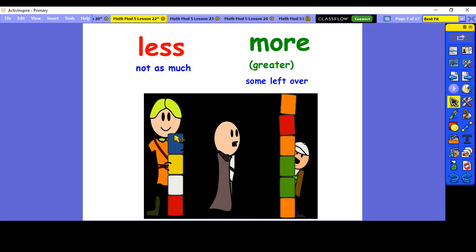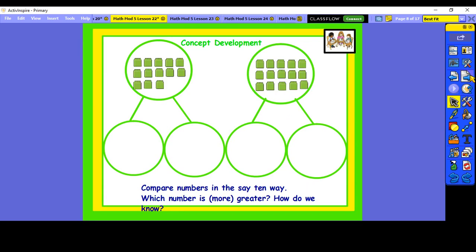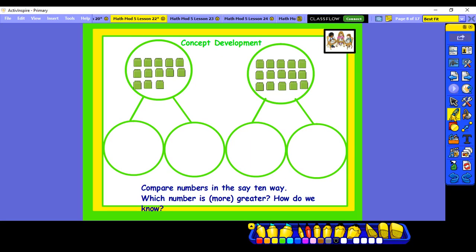Great job, Cardinals. Now let's use less and more to compare our teen numbers. Let's look at these number bonds. When I want to know my missing parts, I need to break them up into a group of 10 ones and some left over. Let's look at our very first number bond.